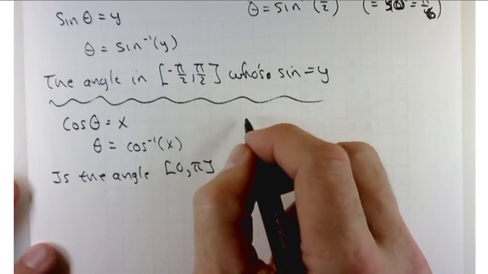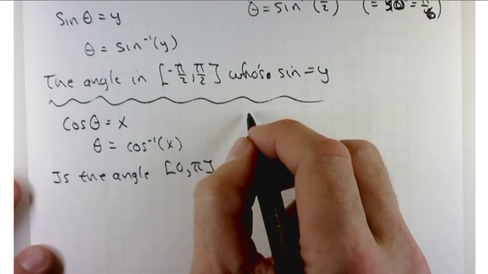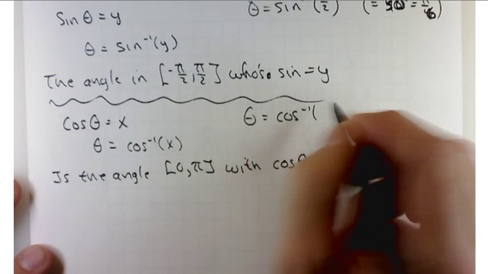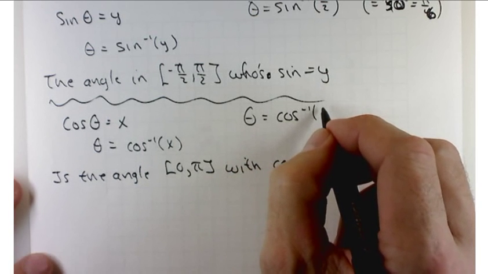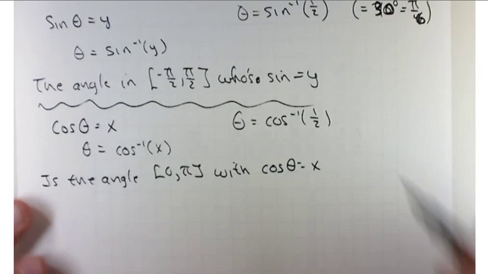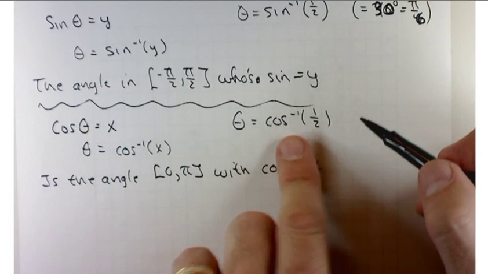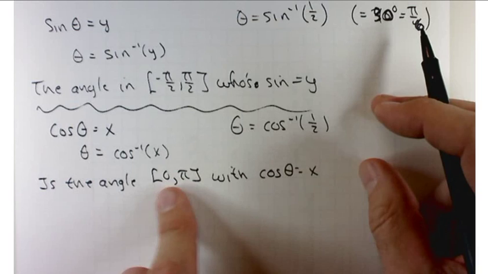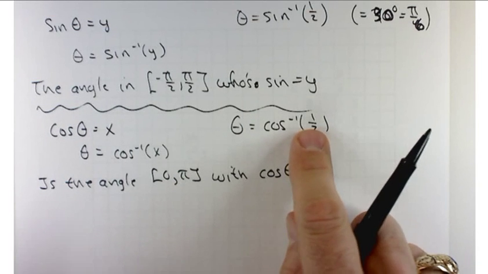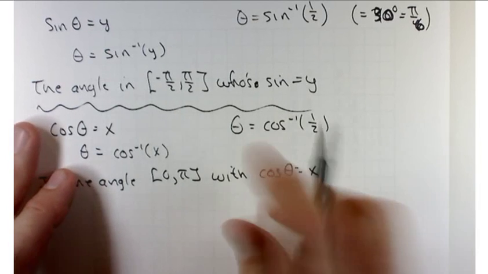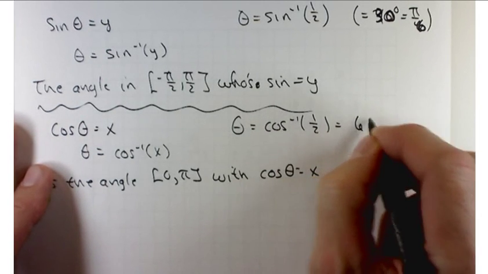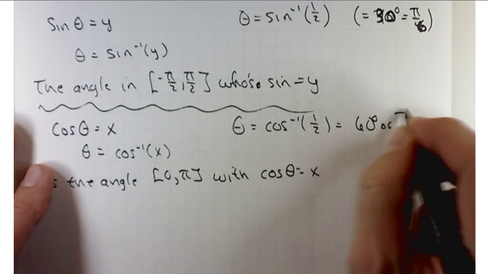Again, kind of an example. If theta is the cosine inverse of 1/2, what you're looking for is the angle whose cosine is 1/2. Now it has to be something in the first quadrant because it's positive. What angle in the first quadrant? Yeah, so it'd be 60 degrees or pi over 3.